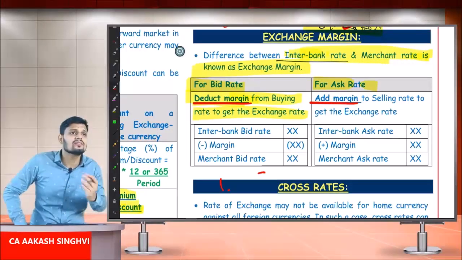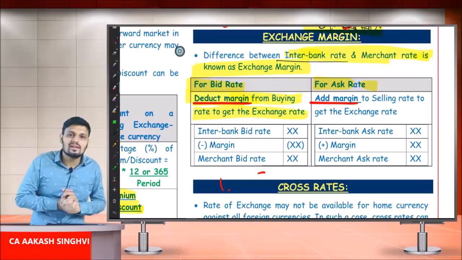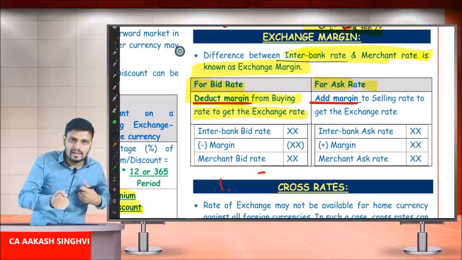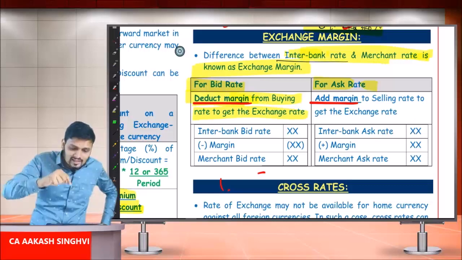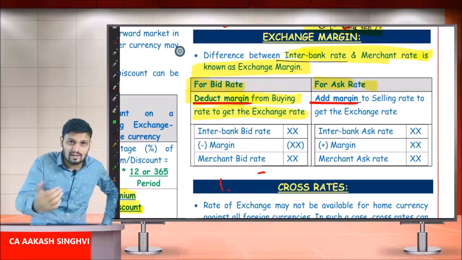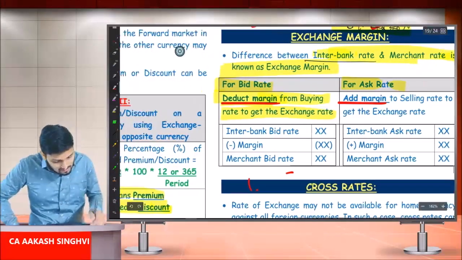Sir, why are we deducting it from the bid rate and adding it to the ask rate? Obviously, the bank will try to buy dollars. I'm an Indian bank. I will try to buy dollars from a customer at the least rate possible. So the bid rate I will quote to my customer, the rate at which I'm planning to buy, will be less only. My exchange margin is say 0.25%.